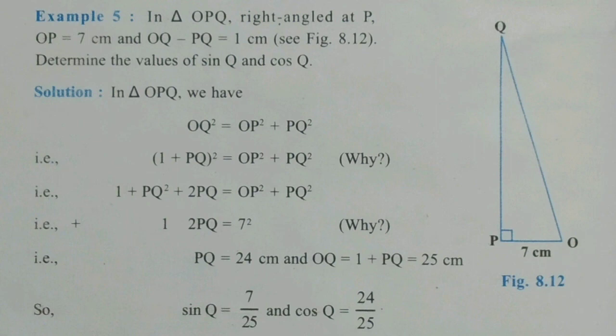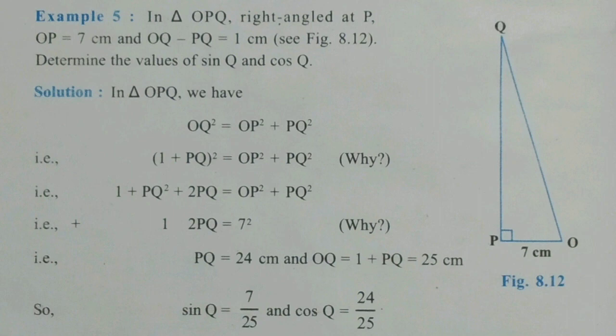In the fifth example, in right angle triangle OPQ, which is right angled at P, OP is equal to 7 centimeter and OQ minus PQ is equal to 1 centimeter, which implies that OQ is equal to 1 plus PQ.